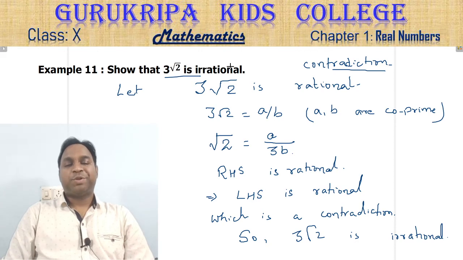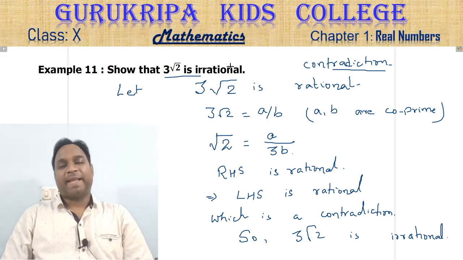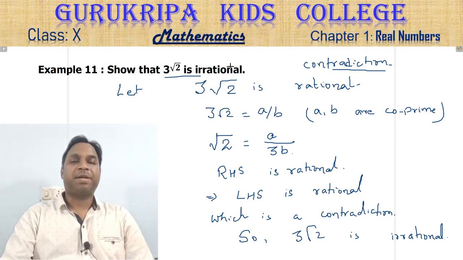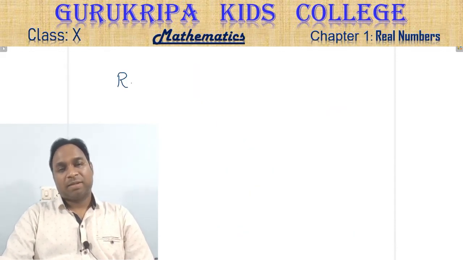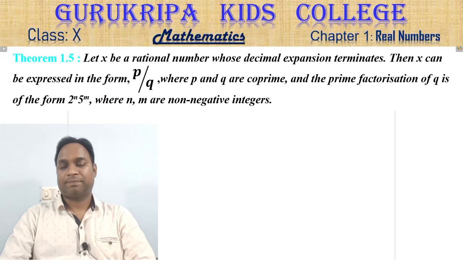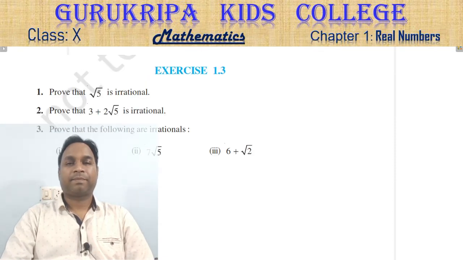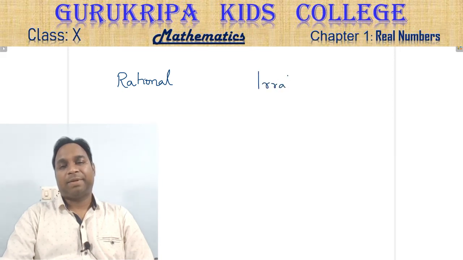So in the exams you may get any number wherein the sum or difference of a rational and irrational number, or the product of a rational and irrational number, is asked to be proved irrational. See, there is one rational number and one irrational number.